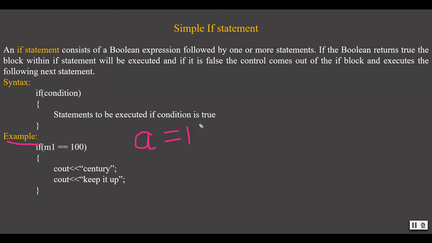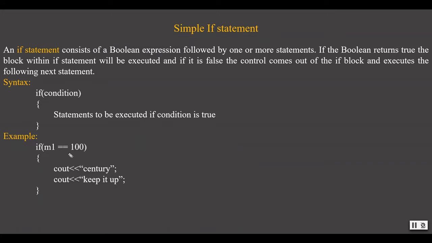Here we are trying to assign the value 10 to the variable a. If we use double equal to, it is the equal to operator that is used to compare the value on the left hand side with the value on the right hand side. So it will compare whether a has the value 10.